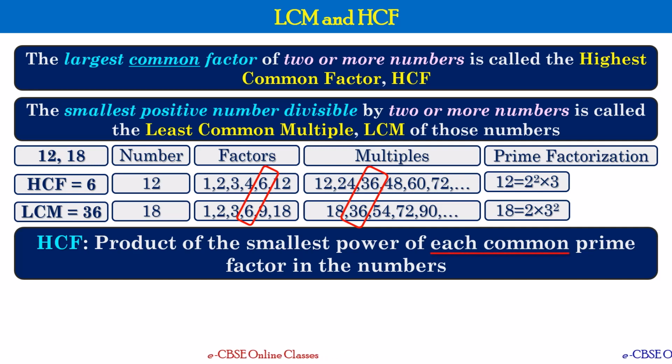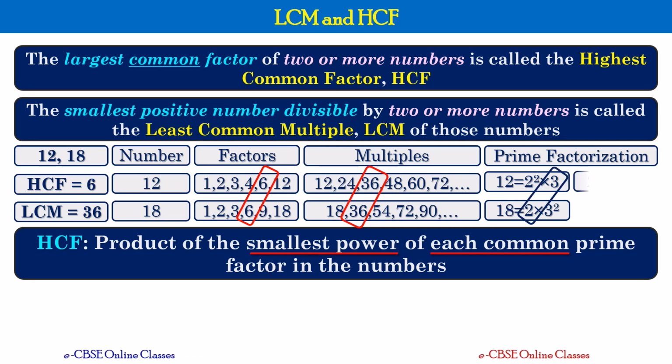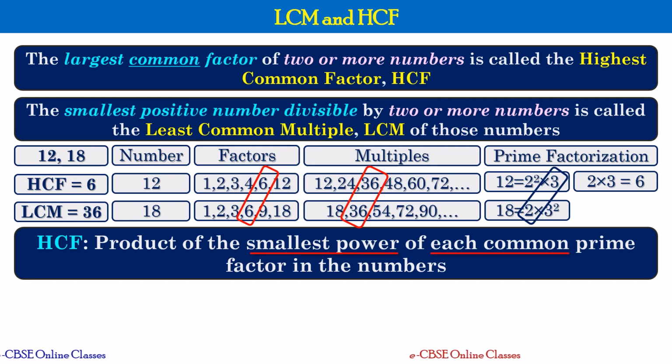Underline the words each common, and also it says smallest power. So here the common primes are 2 and 3 for 12 and 18 and their smallest powers are 2 power 1 and 3 power 1. So if you take the product of these two, 2 into 3 is equal to 6. That is exactly our value of HCF, correct?